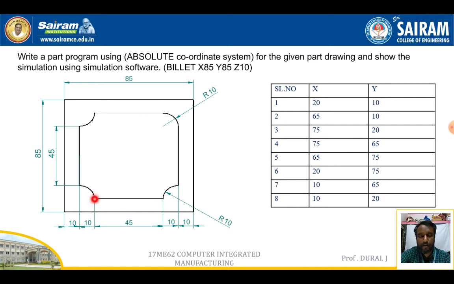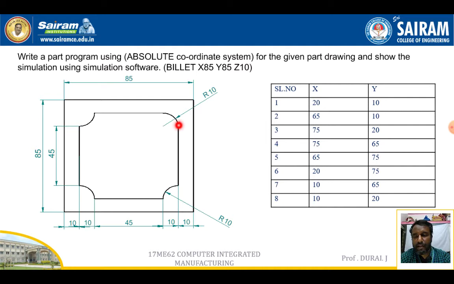So first point, what is the coordinate point? X20, Y10, sorry, and this one will be X65, Y10. This will be X 65 plus 10, 75 as well as 20. Okay, the height is 20.